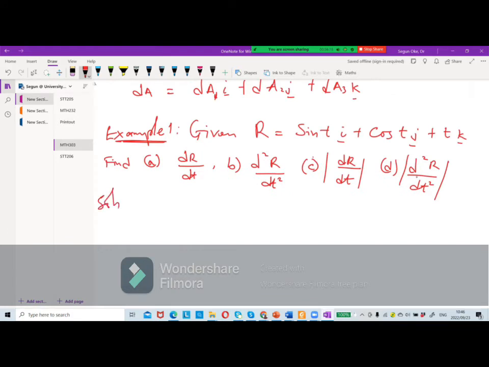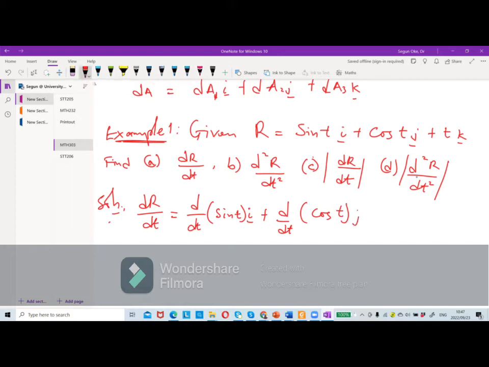Let's look at the solution. dr/dt is equal to d/dt of sin t i plus d/dt of cos t j, coordinate by coordinate, plus d/dt of t k.